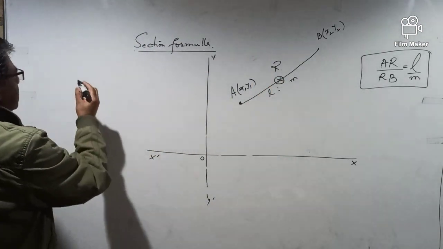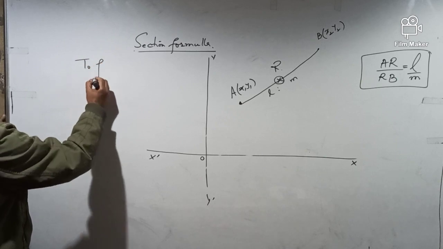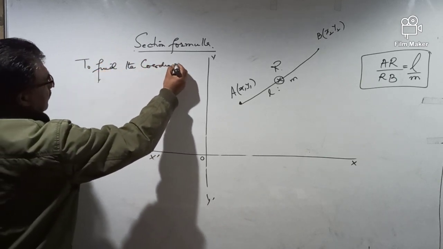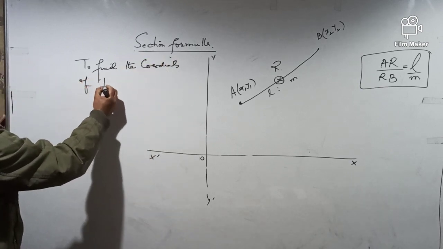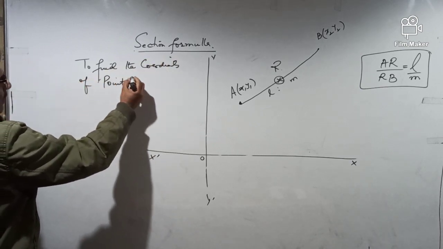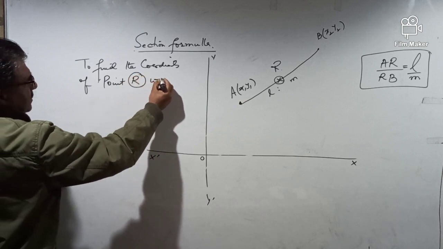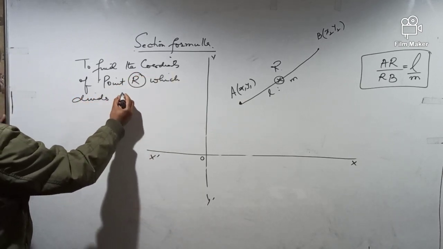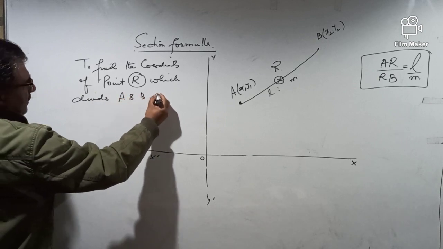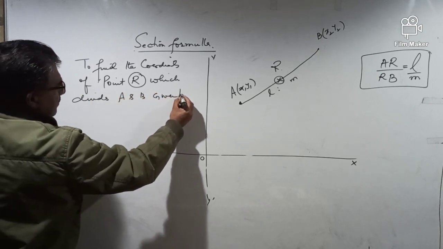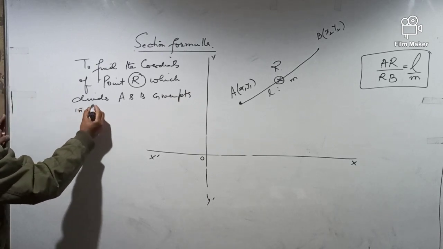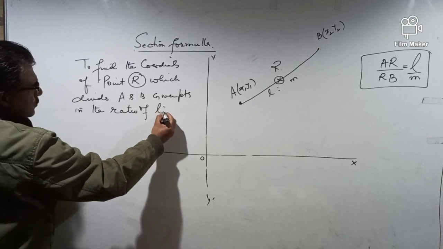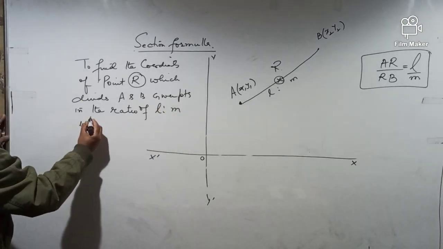Now what is my question? My question is to find the coordinates of point R which divides the given points A and B in the ratio of L is to M internally.